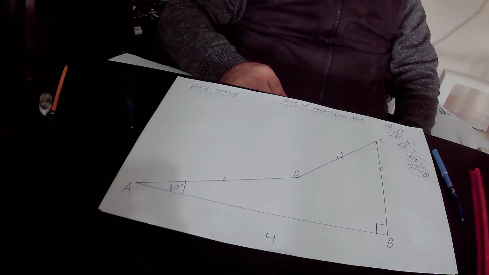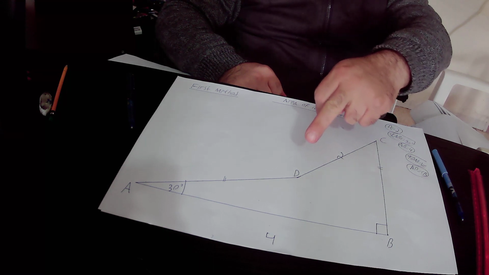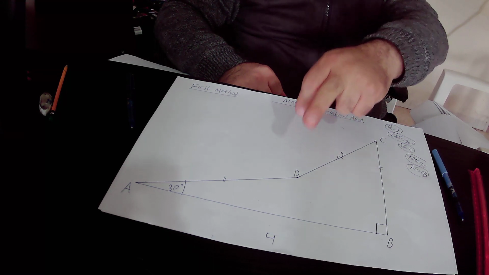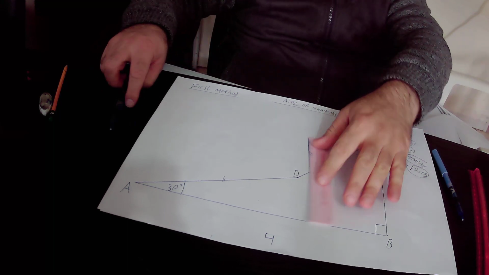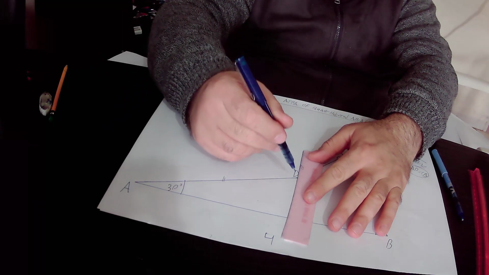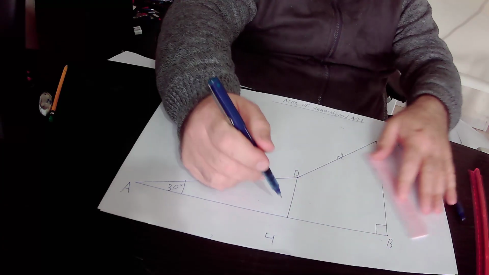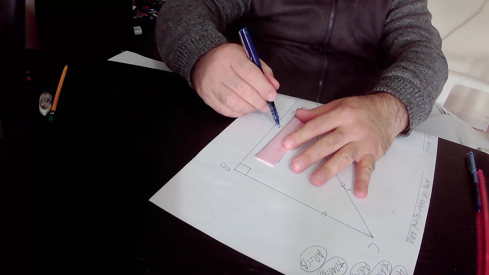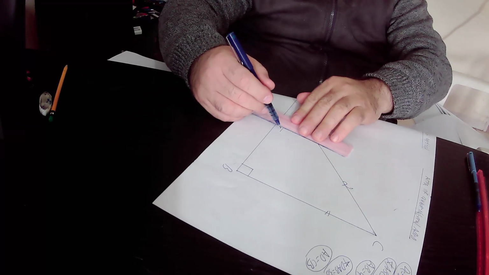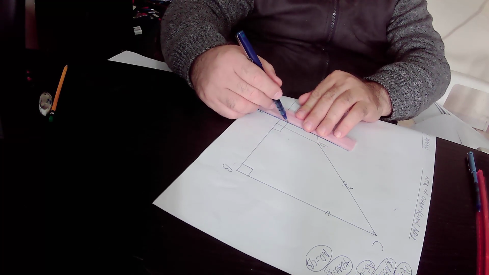So first of all, we will do a construction. From point D we will draw a perpendicular to side AB. So this angle will be equal to 90 degrees, and this angle will also be equal to 90 degrees.